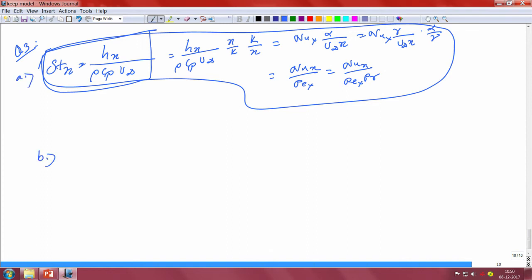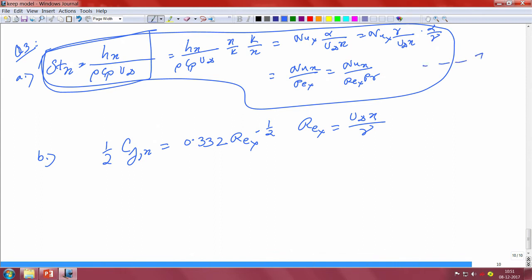Now the B part. The Colburn analogy is 1 by CFX is equal to 0.332. To establish the Colburn analogy for the laminar, let us write the CFX term also for the laminar boundary layer, where your Reynolds number x is given as u infinity into x by gamma, right. The left side of this Colburn analogy can be estimated using the first form of the equation, which is basically what we did here.